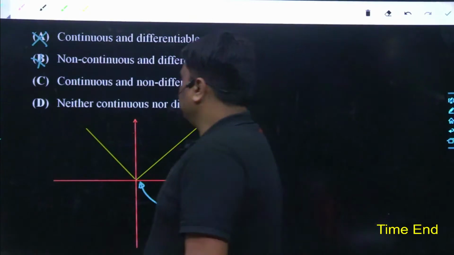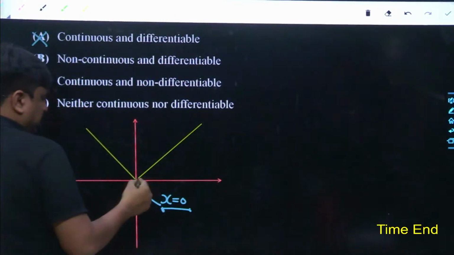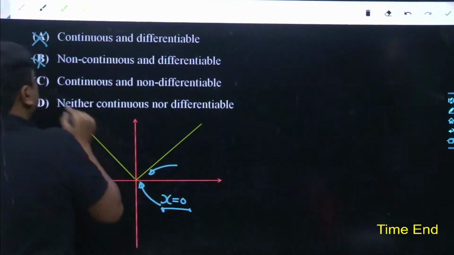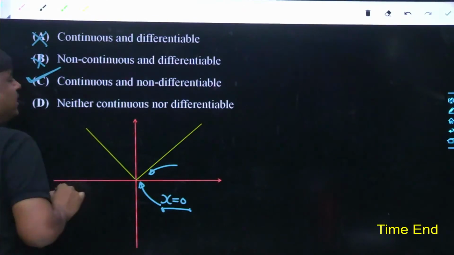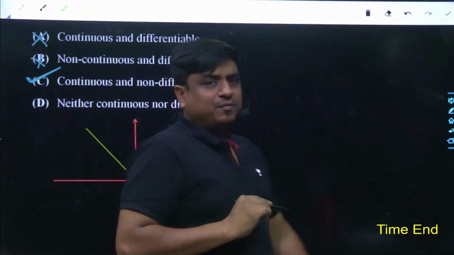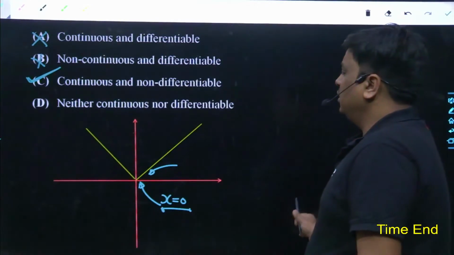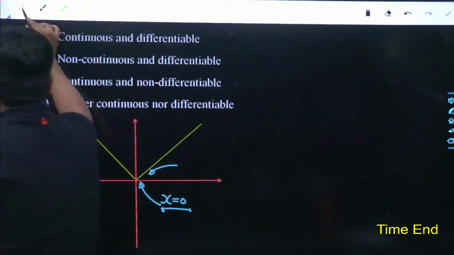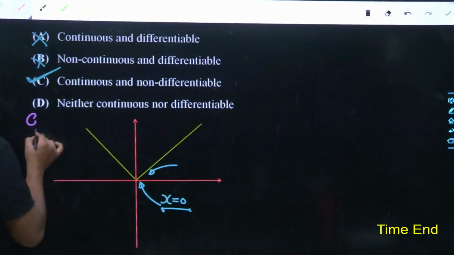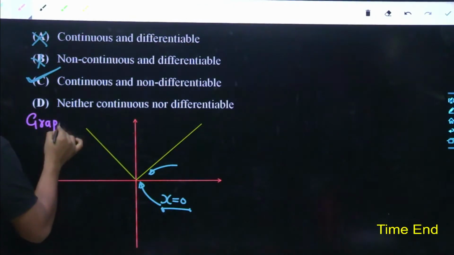Yes or no? Yes, sir. So it is continuous in the entire region of x, and not differentiable at x equals 0. So C is the best answer. This is the graphical way to solve this problem. I can say this is method 1.